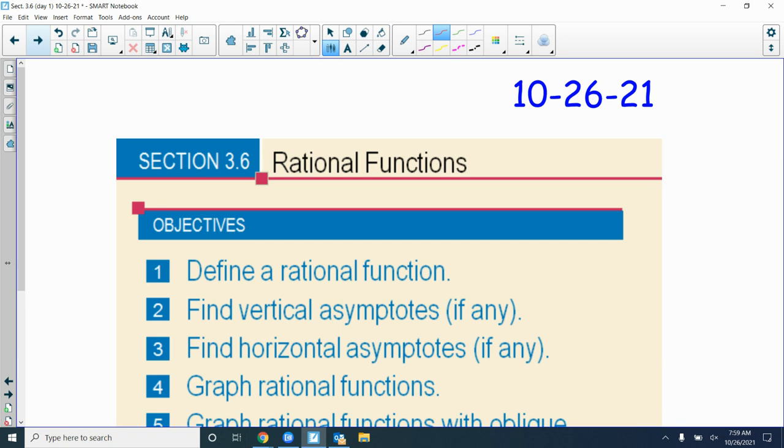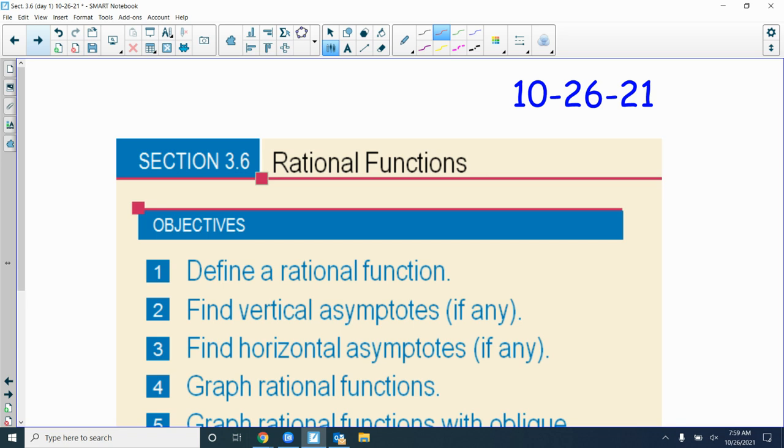All right, one of the big things, we're going to define it first: rational function.